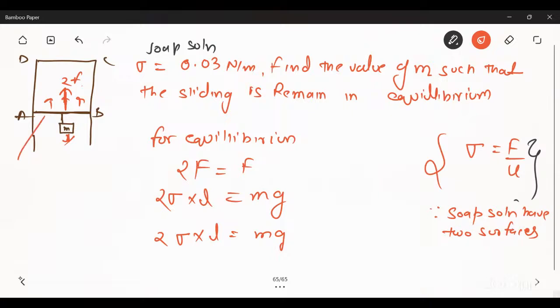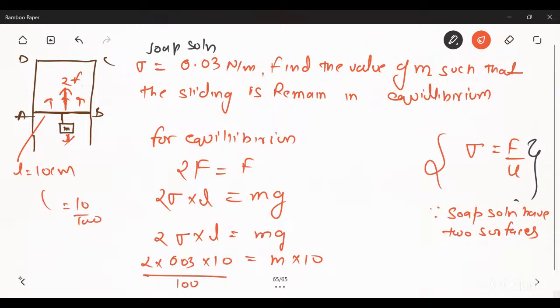The length of this was given as 10 centimeter. Take g as 10. So m into 10 is equal to 2 into 0.03 into 10 centimeter, and changing centimeter to meter, that is 10 upon 100 meter.